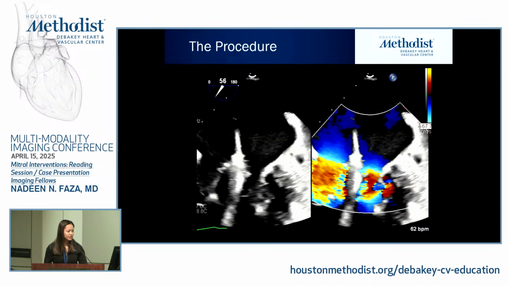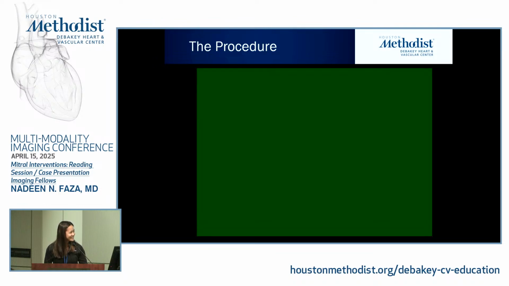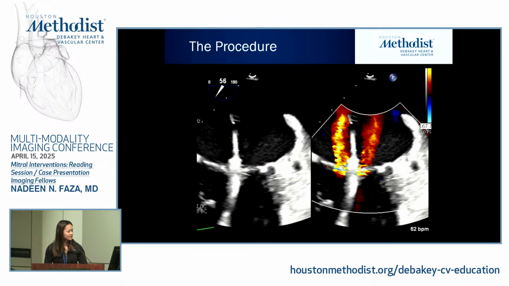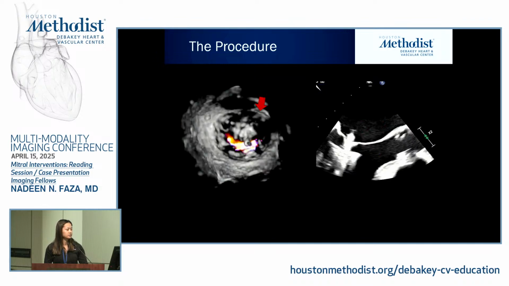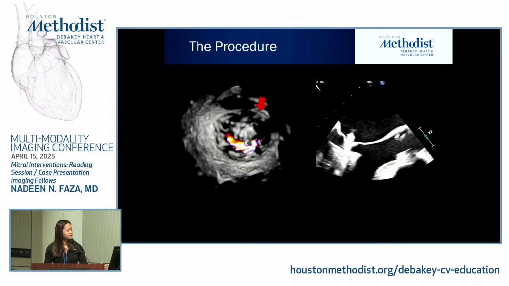Apologies for the green screen, but what do you think of the result, if you can see? Right. So there's still quite a bit of residual MR on the medial and lateral side. I'm not sure why.